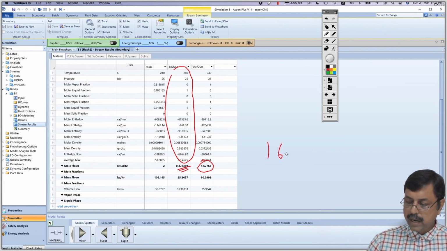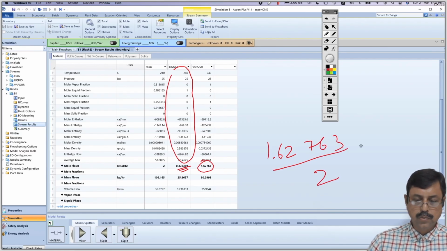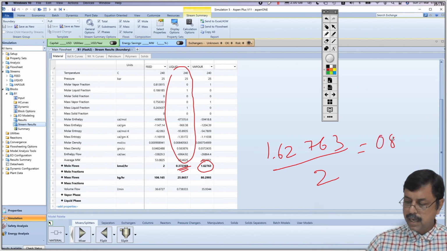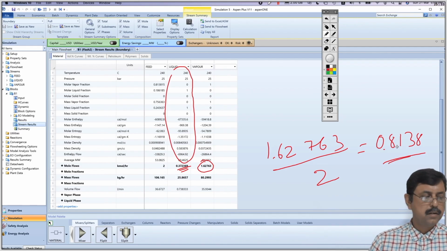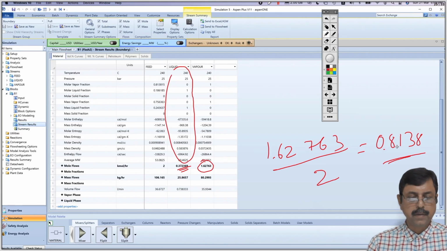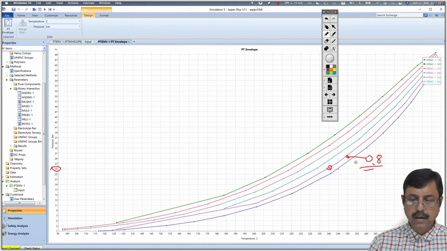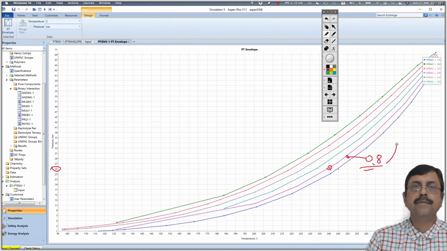It is 1.62763 by 2, which is around 0.8138. Okay, nearly 81.38%, and that information matches with our observation in the PT envelope curve.